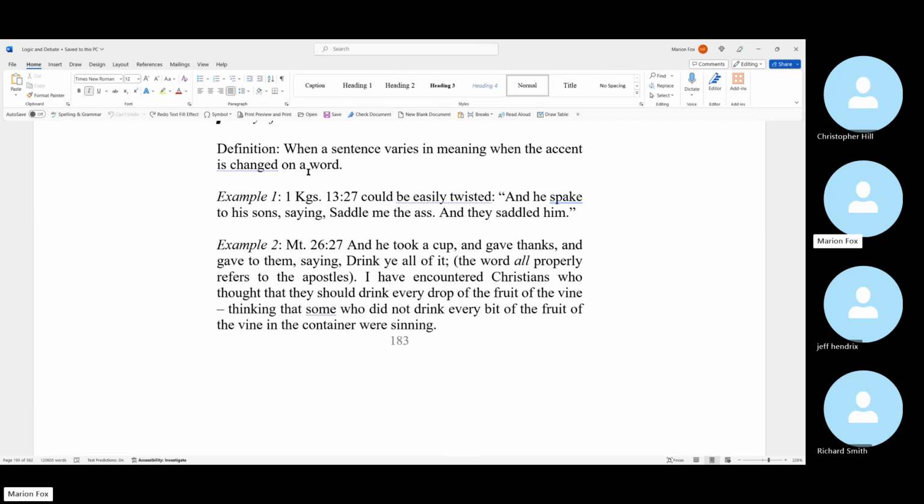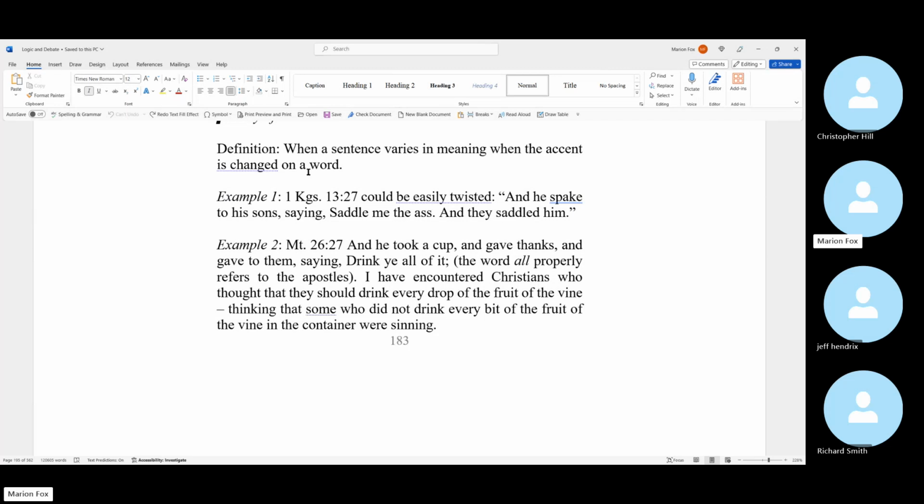But it's ambiguous. It could be saying that the sons saddled their father. Of course, that would be absurd, but it could be interpreted that way if you're not careful. It's an amusing example, but it just shows what could be done.